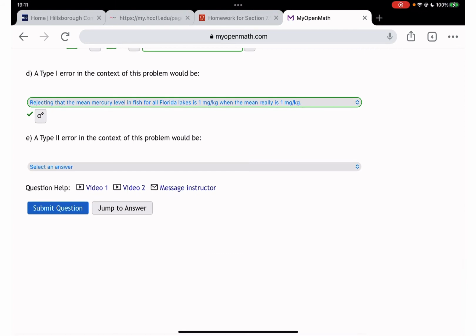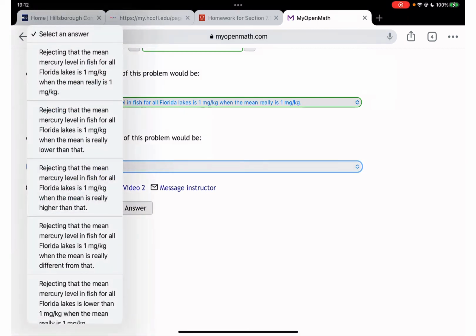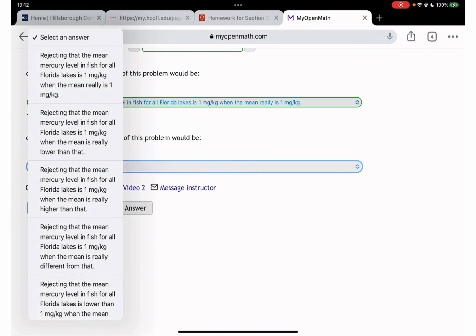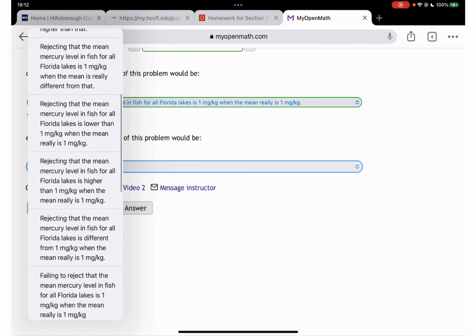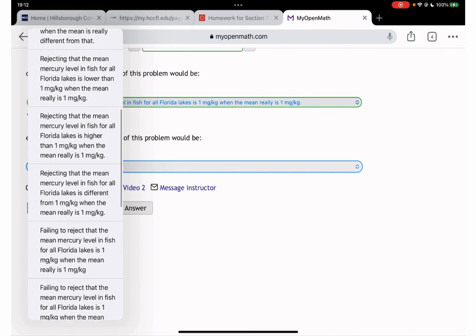Now the type 2 error is when they are telling us what is not true, and we are buying that lie, excuse my French. In this case, we accept the statement that is not true, which means it's going to be fail to reject. Since we don't use the verbiage accept, it's going to be fail to reject.